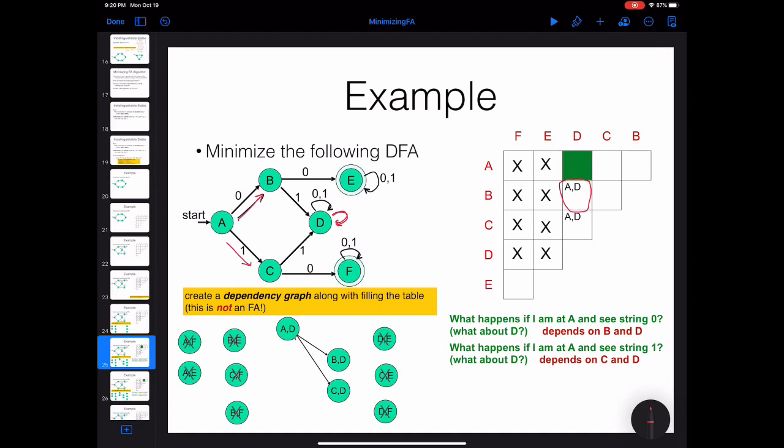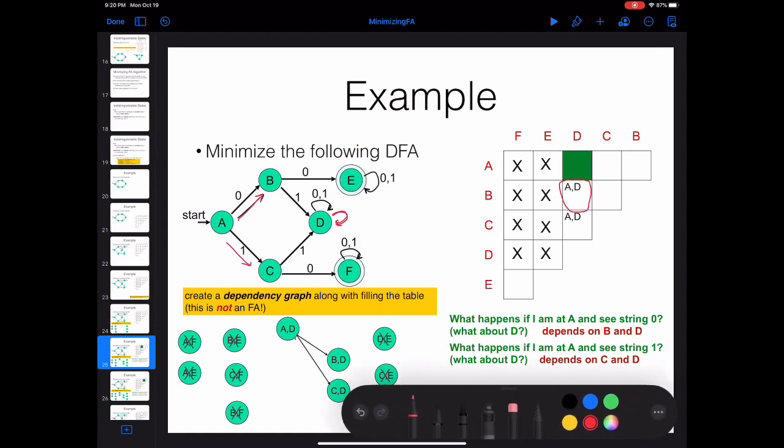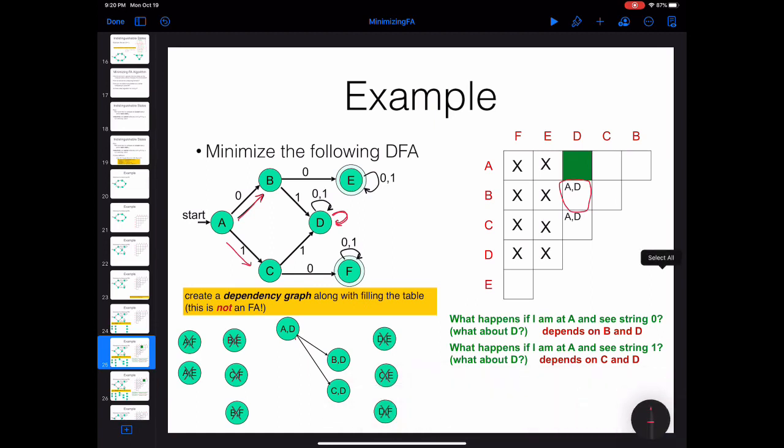It's telling me that whenever I decide about the equivalency of BD, I will also decide about AD. The same for this pair as well. Whenever I know about C and D, I will also go and update the cell for AD.